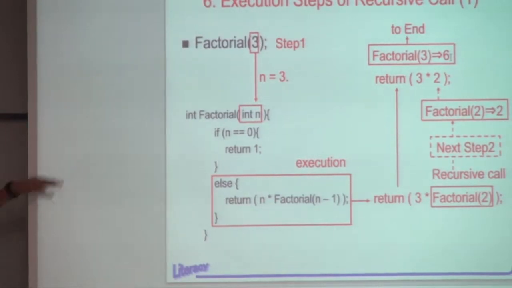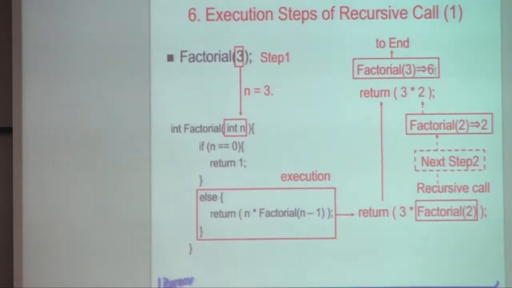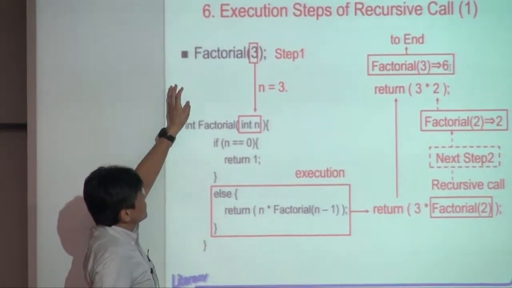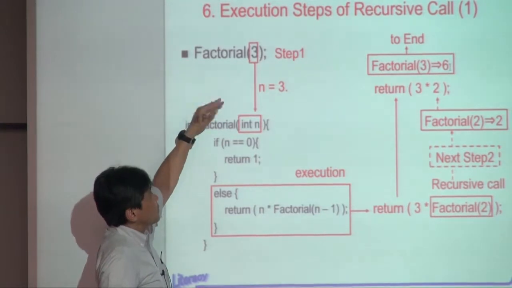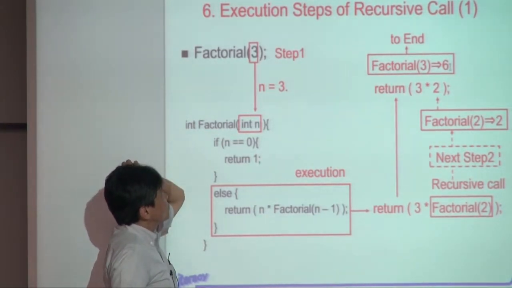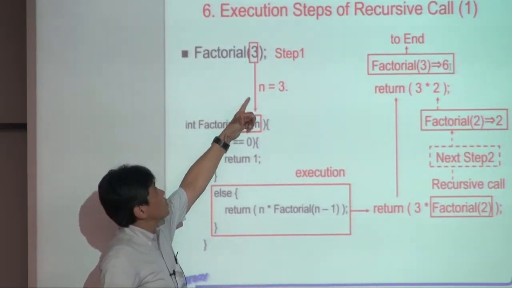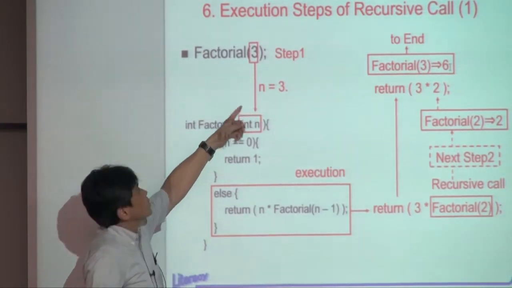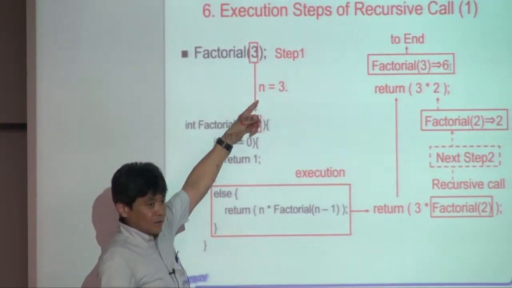Using several slides, I introduce how to calculate the actual factorial n. In this case, you specify 3 as the variable n, so the program has to calculate factorial 3.